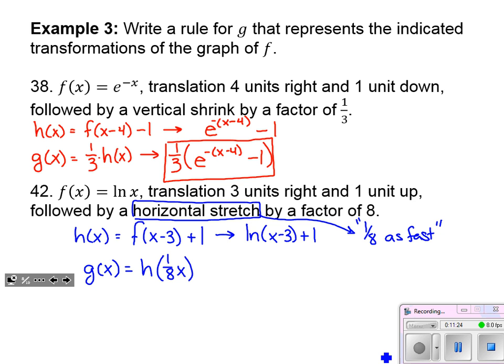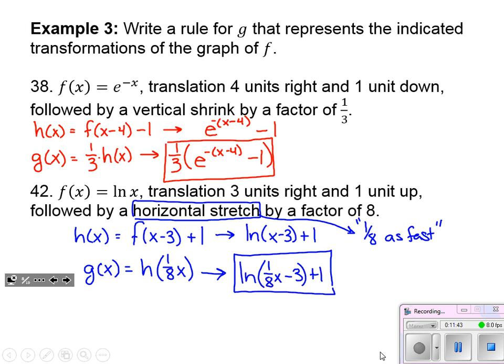So my input becomes 1/8 x instead of just x. And what does that result in? The natural log of not x minus 3, but 1/8 x minus 3, and then our plus 1. So here we adjusted the input from x to 1/8 x, and that's it. That's how we deal with the horizontal stretch. It's taking so much longer left to right.